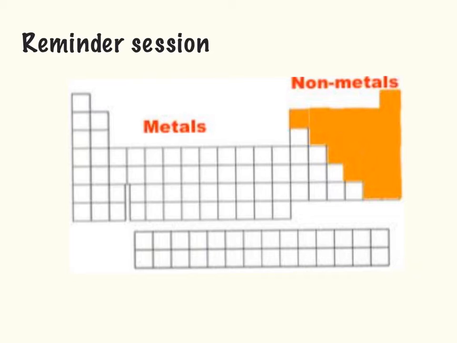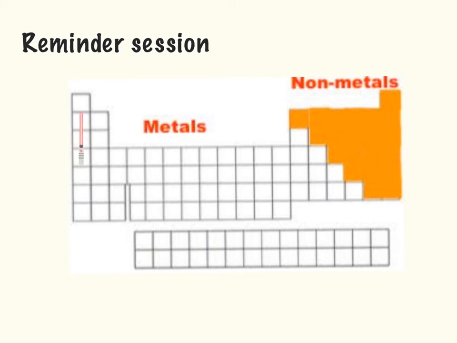So all of the ones on the left-hand side of the table in the white are metals, and we see where the boundary layer lies on the right-hand side, and it forms a step-like structure as we go down. So all the things in orange are non-metals, and all this pile, including these ones down the bottom, are metals.